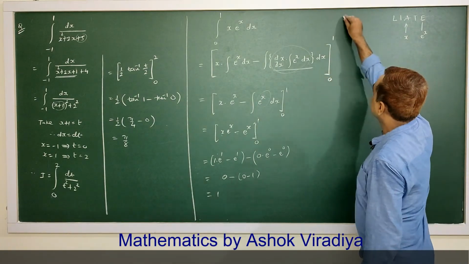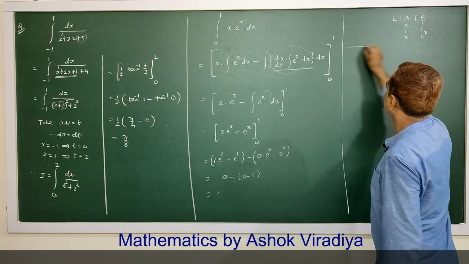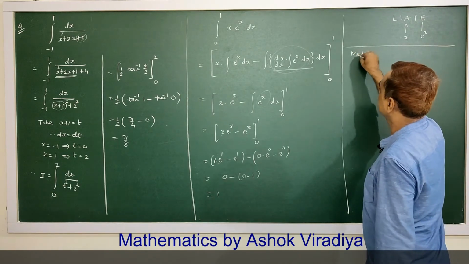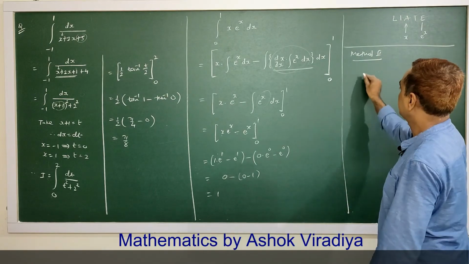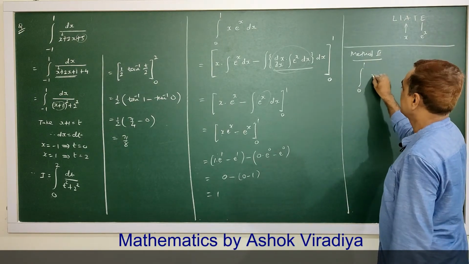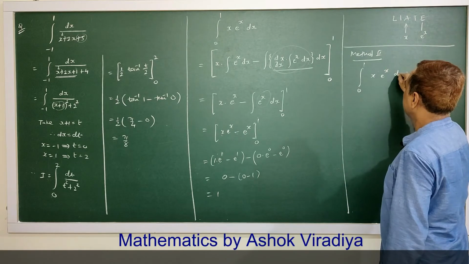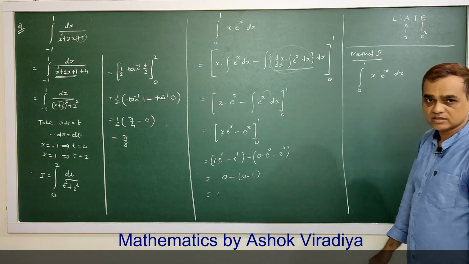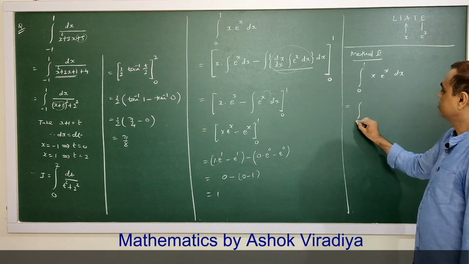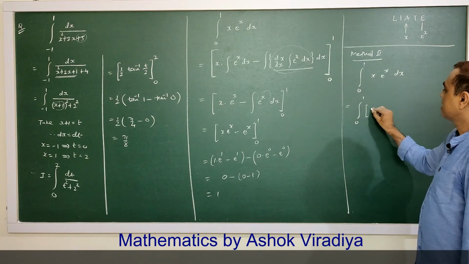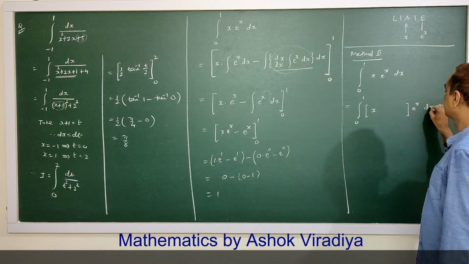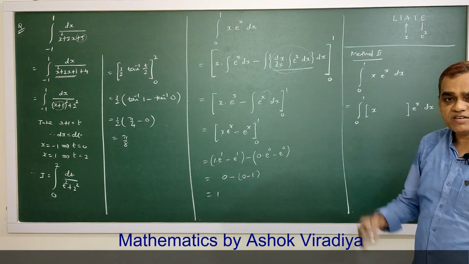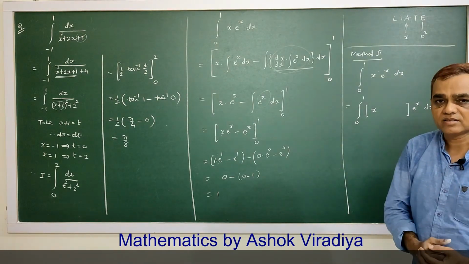Now this question can also be done by a second method, method 2. Say here 0 to 1 x into e raised to x dx. Whatever is given, I have repeated.